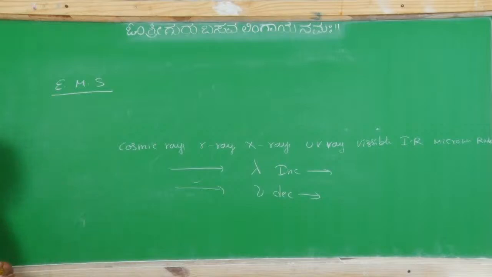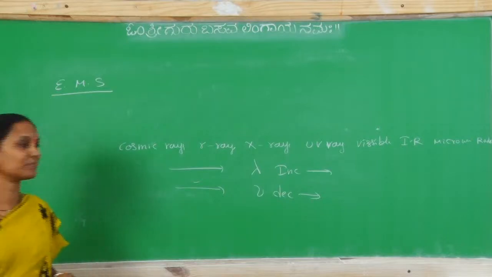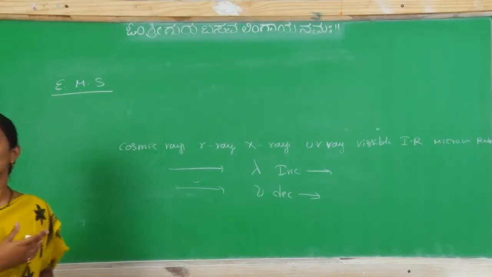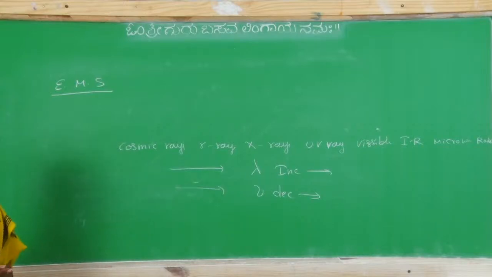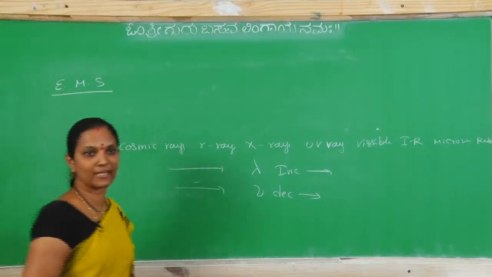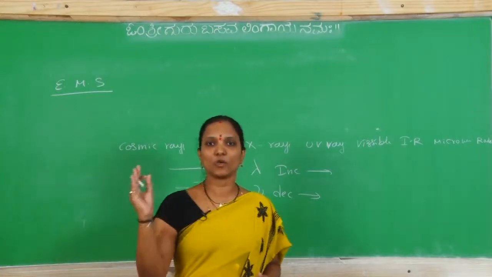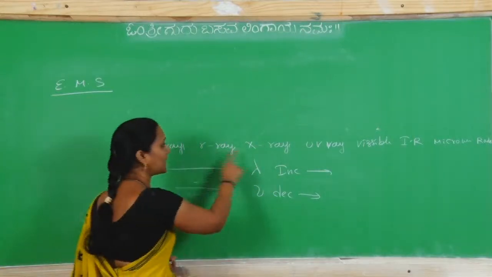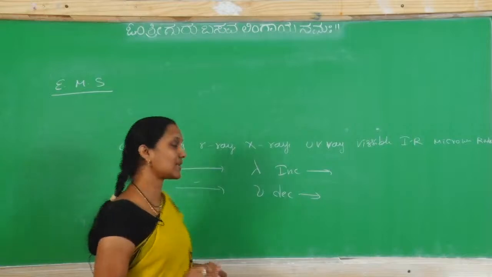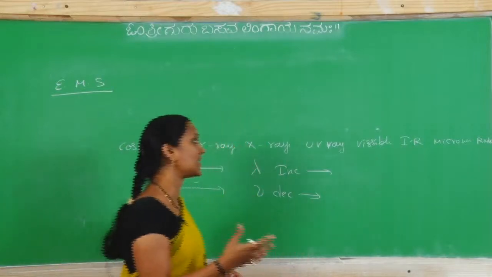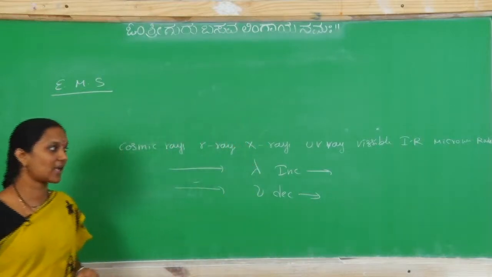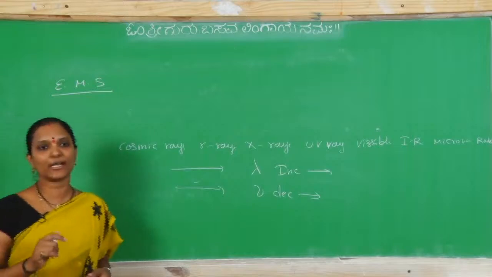This arrangement is the electromagnetic spectrum. Definitely you should remember and practice this: cosmic rays, gamma rays, X-rays, UV rays, visible rays, IR rays, microwaves, radio waves.